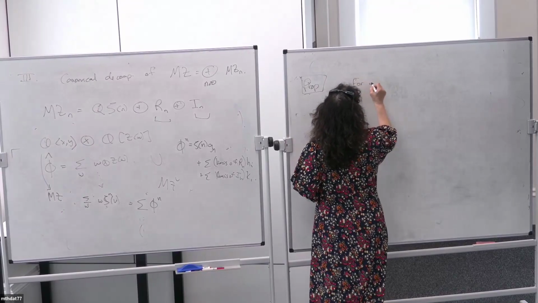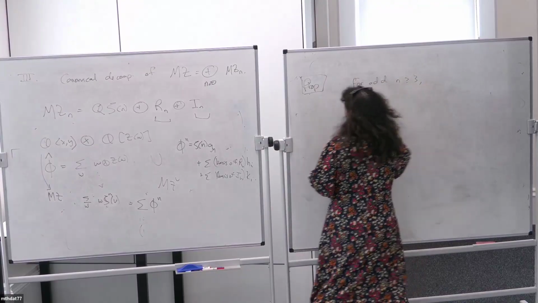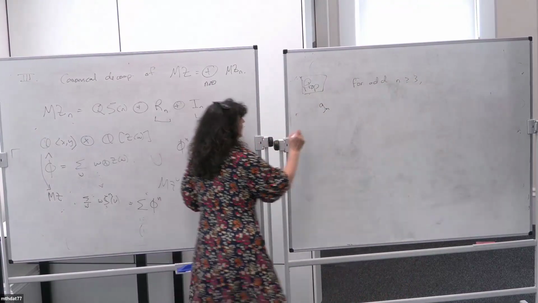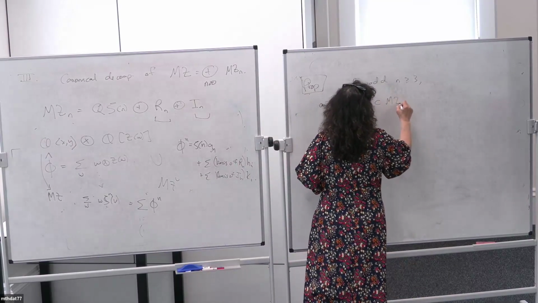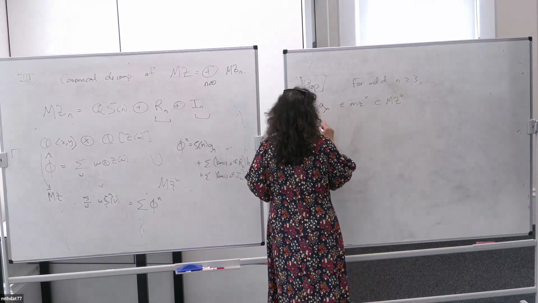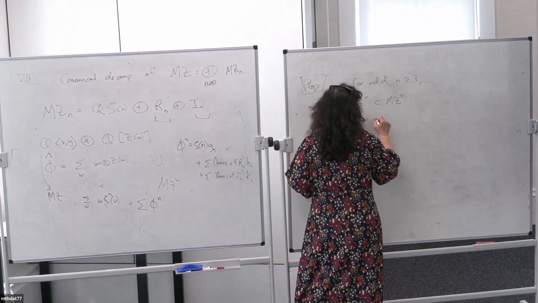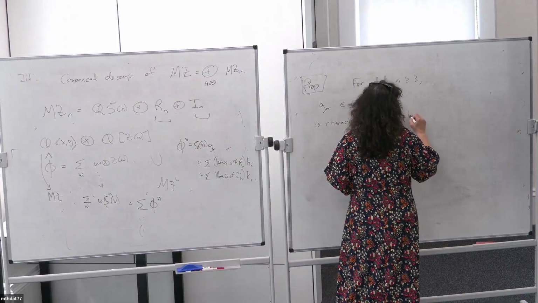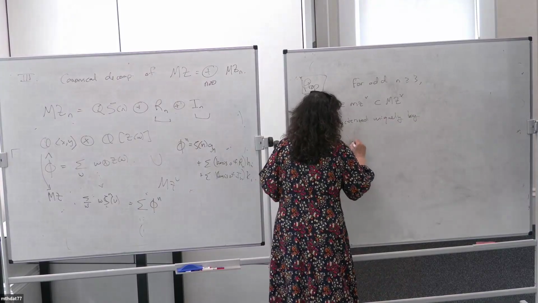For odd n greater than or equal to 3, g_n lives inside here, but that lives inside here. So it is characterized uniquely by the following.